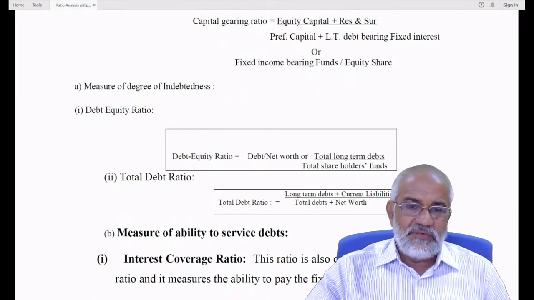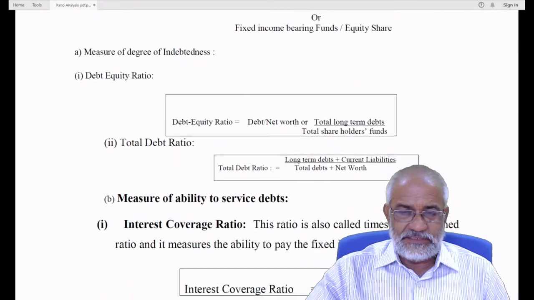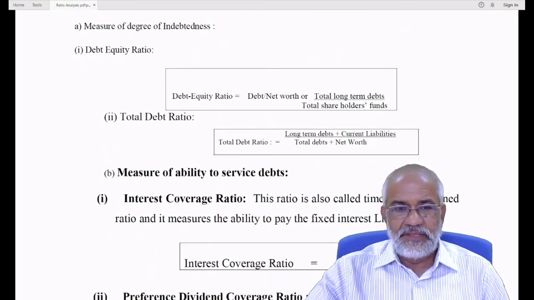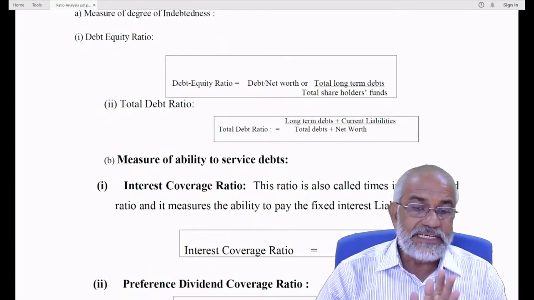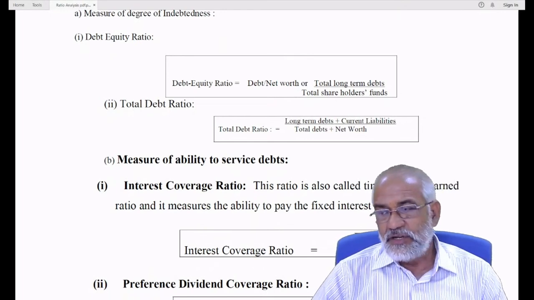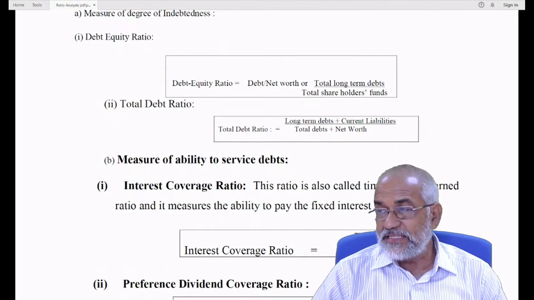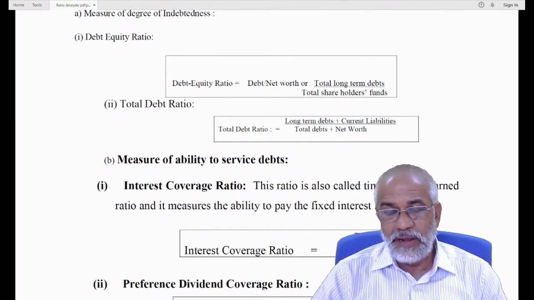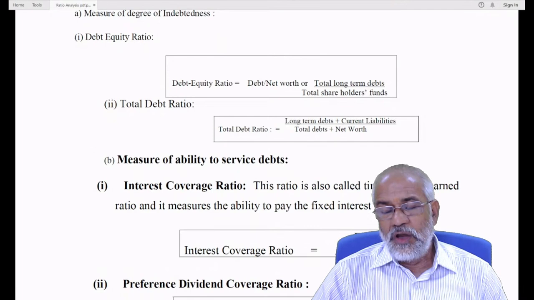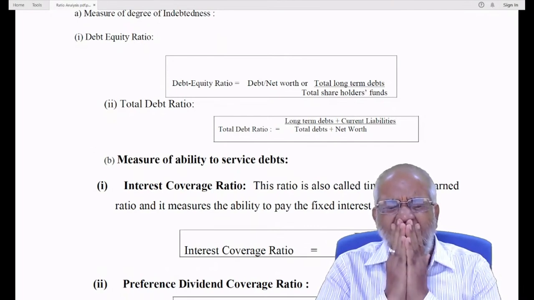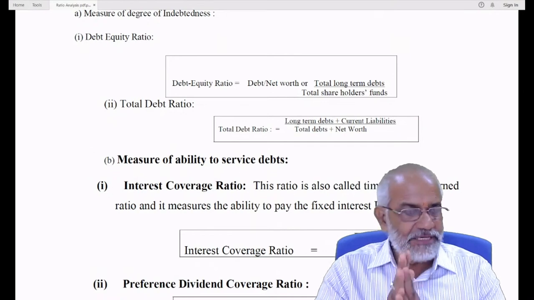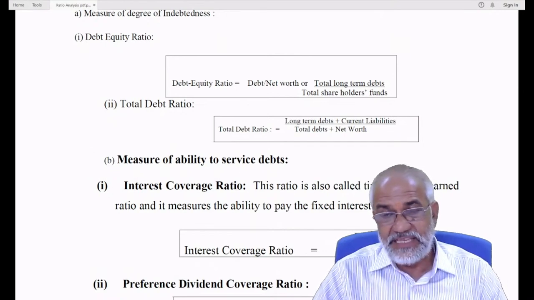Then the measure of ability to service the debts. There are about 3 ratios coming under this category. One is the interest coverage ratio. That means to what extent the organization is able to pay the interest on various loans taken from the banks and financial institutions.